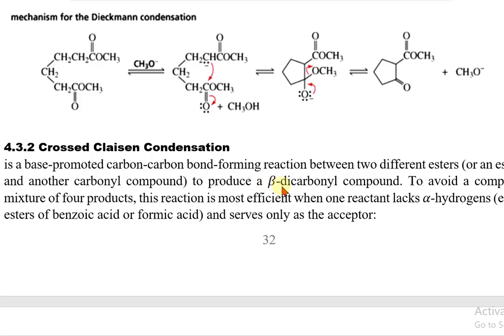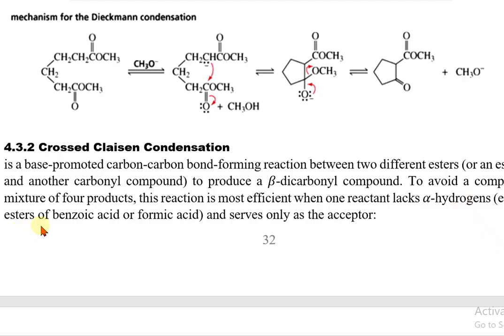To avoid a complex mixture of products, this reaction is most efficient when one reactant lacks alpha hydrogen. If one of the reactant molecules has no alpha hydrogen, it prevents multiple products.